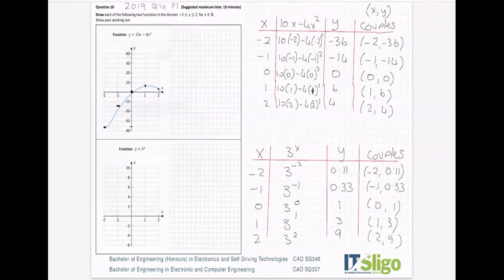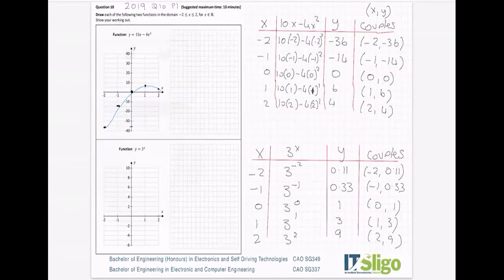And you'll see from exponential functions that the values tend to get large pretty fast. So we're going up there, fractions, then 1, then we triple it to 3, then we triple it to 9. And if we went up again, we triple it to 27. If we went up again, we triple it to 81. So that's the nature of an exponential function. It gets very large very fast.